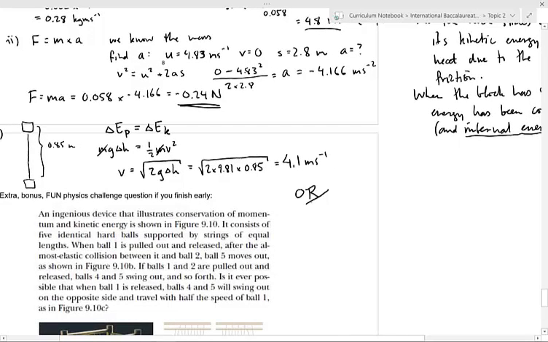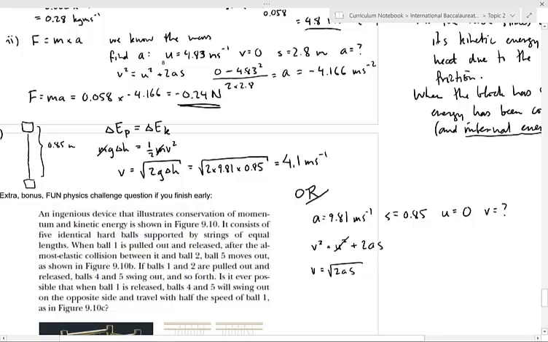Or we could have gone a equals 9.81, s equals 0.85, u equals 0, v equals something. Then we could have used v squared equals u squared plus 2as. And we know that u was 0, so we get v is equal to the square root of 2as.